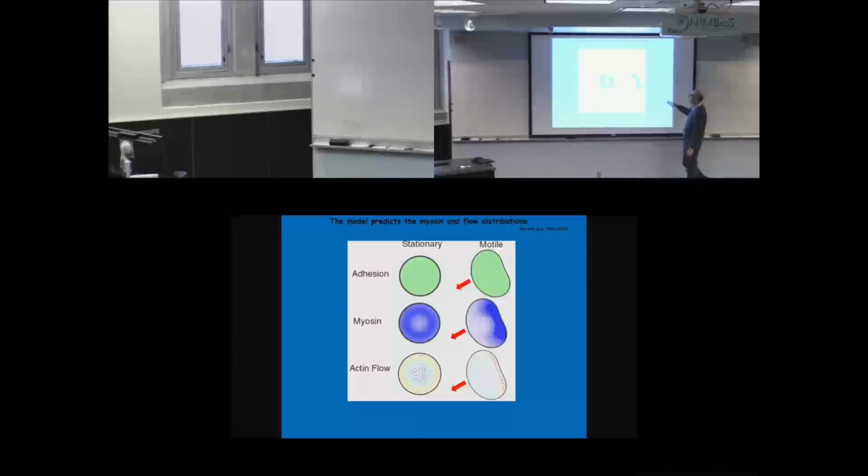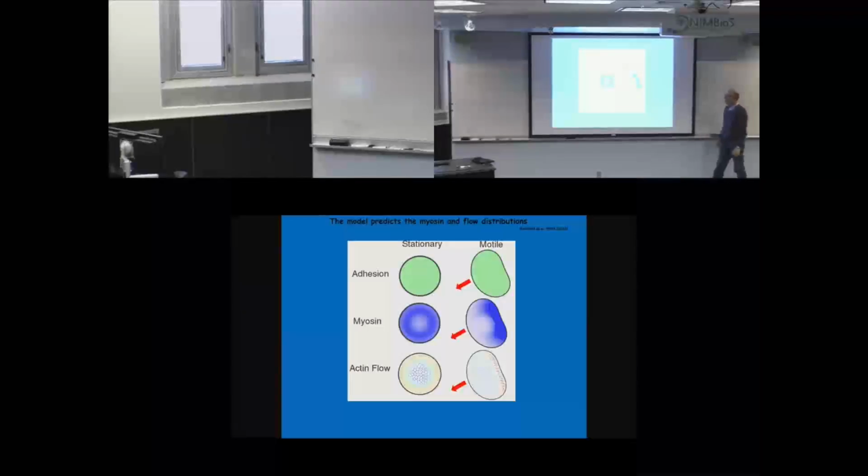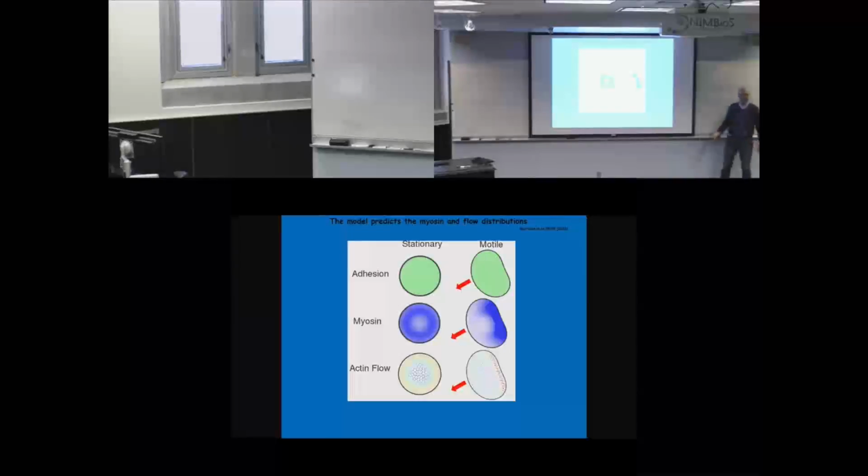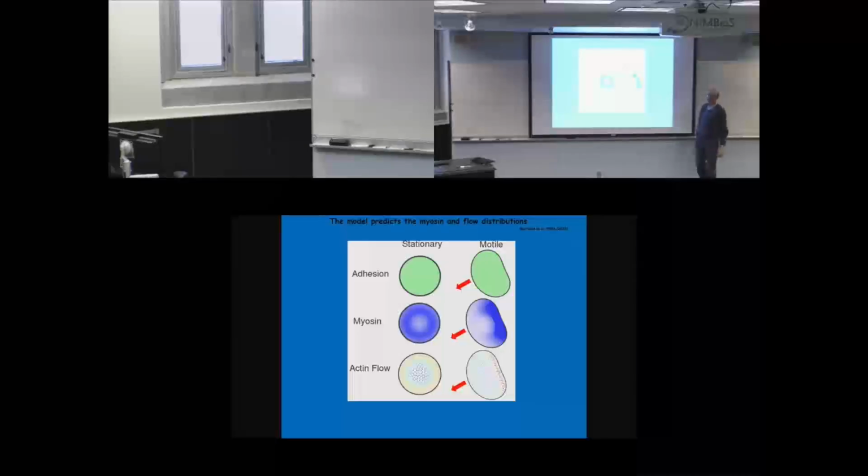If we take the shape resembling the moving lamellipodial shape, and we want to solve everything in the coordinate system moving together with the cell, we have to introduce an effective flow of actin from the front to the rear. If we do that, then the prediction is that myosin will all accumulate at the rear.